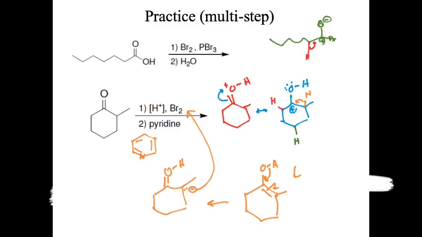Made it open. What does pyridine have? A lone pair of electrons. What could we do with the lone pair of electrons? Make a bond to a hydrogen. Pyridine acts as a decent base. It's not the greatest nucleophile.